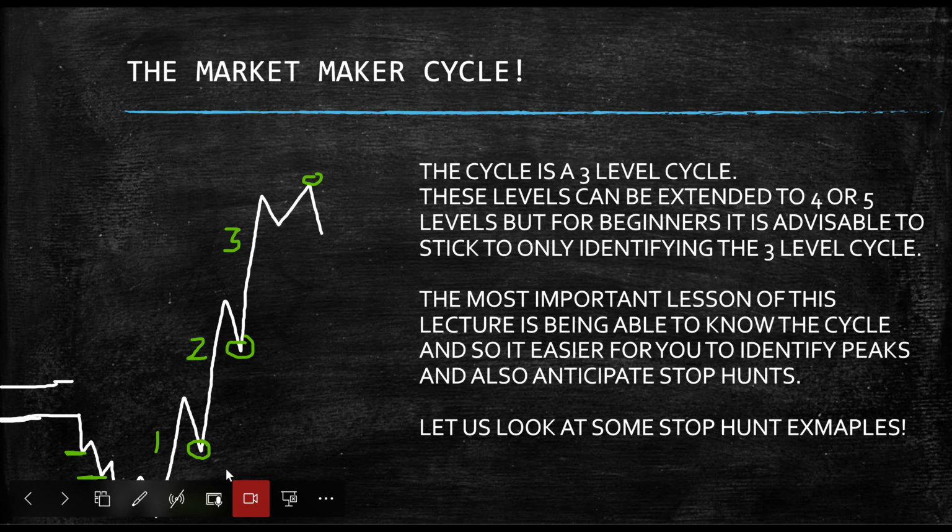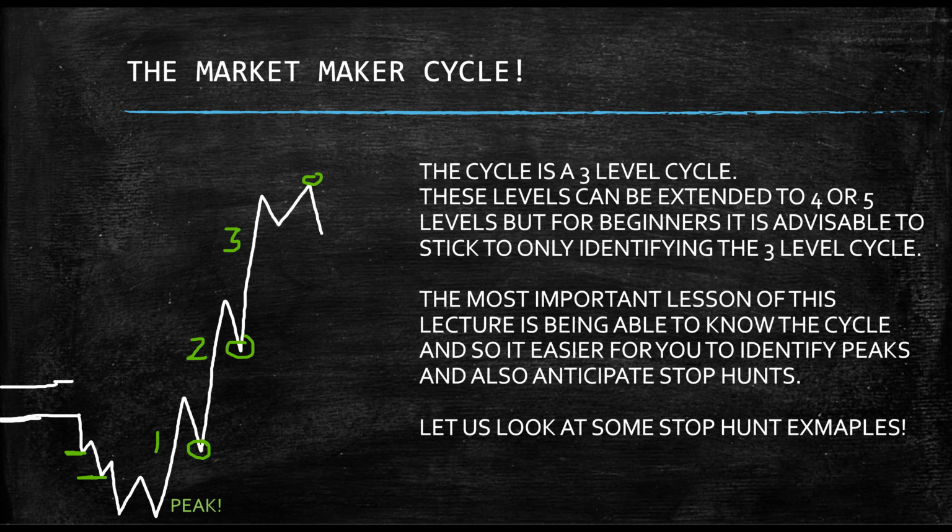After the inducement, a peak is formed, and then we can see level 1, level 2, level 3. These can be pushes. This can be intraday, this can be intra-week as well, right? And then after 3 levels of rise, we anticipate a peak. The most important lesson of this lecture is being able to know the cycle, so it is easier for you to identify peaks and also anticipate stop hunts.